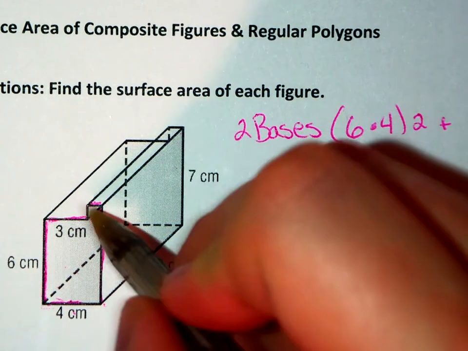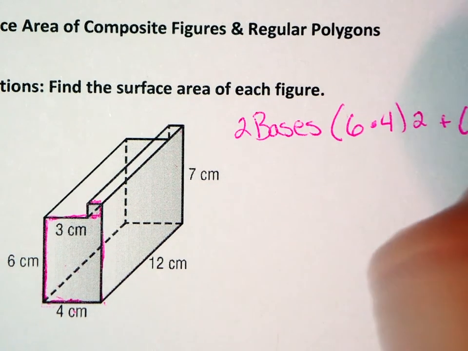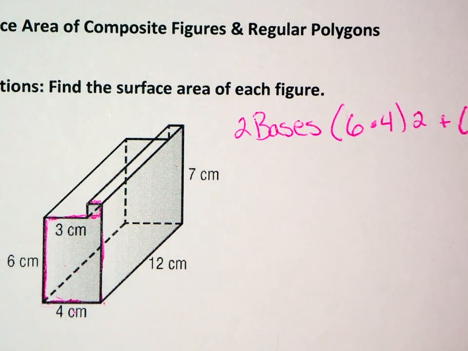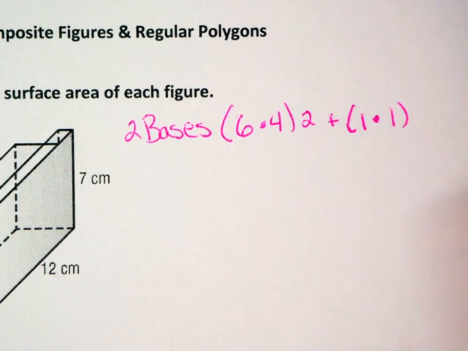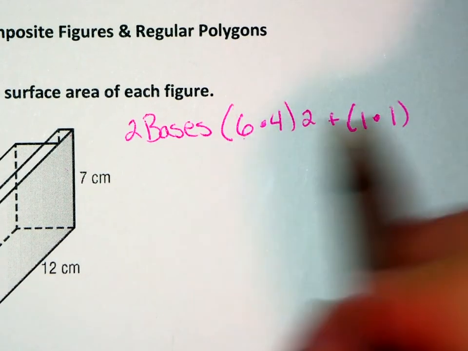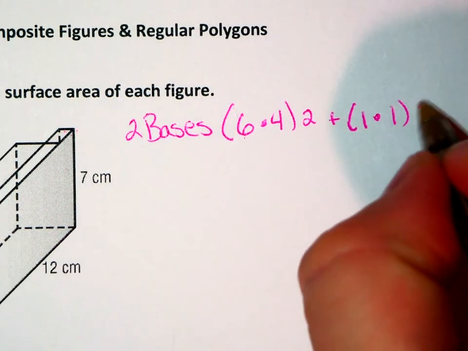So the area of this little piece would be 1 times 1. So 6, and sorry, there are 2 of them because there's going to be 1 on each end.